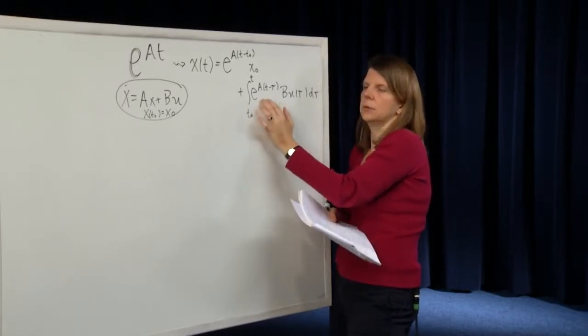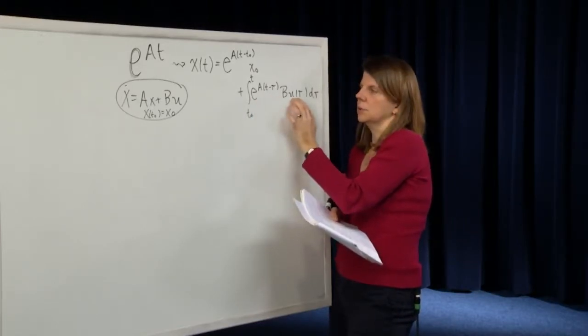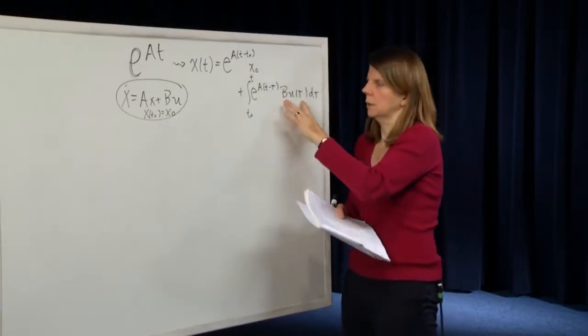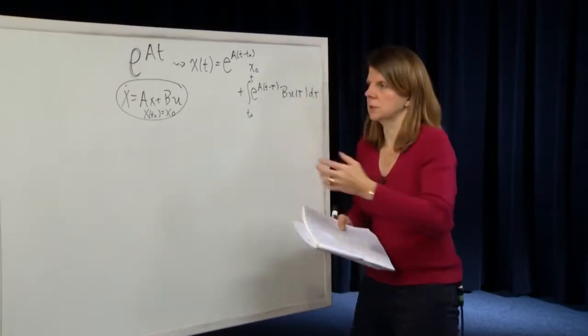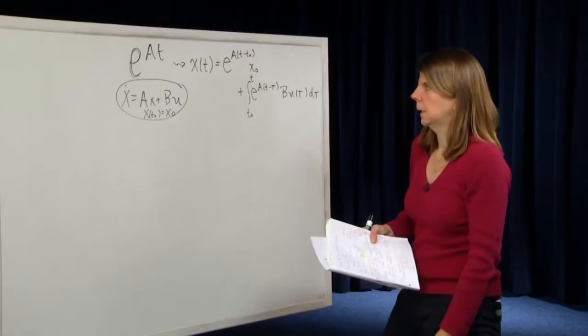Here you see the convolution between the state transition matrix and the term that depends on the input into the system, the Bu term.